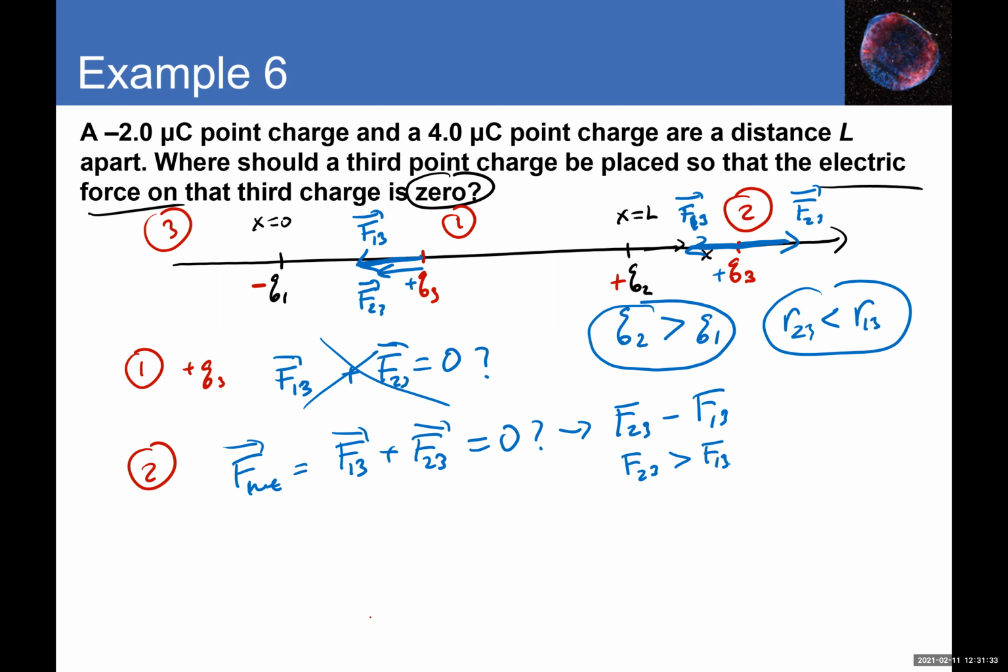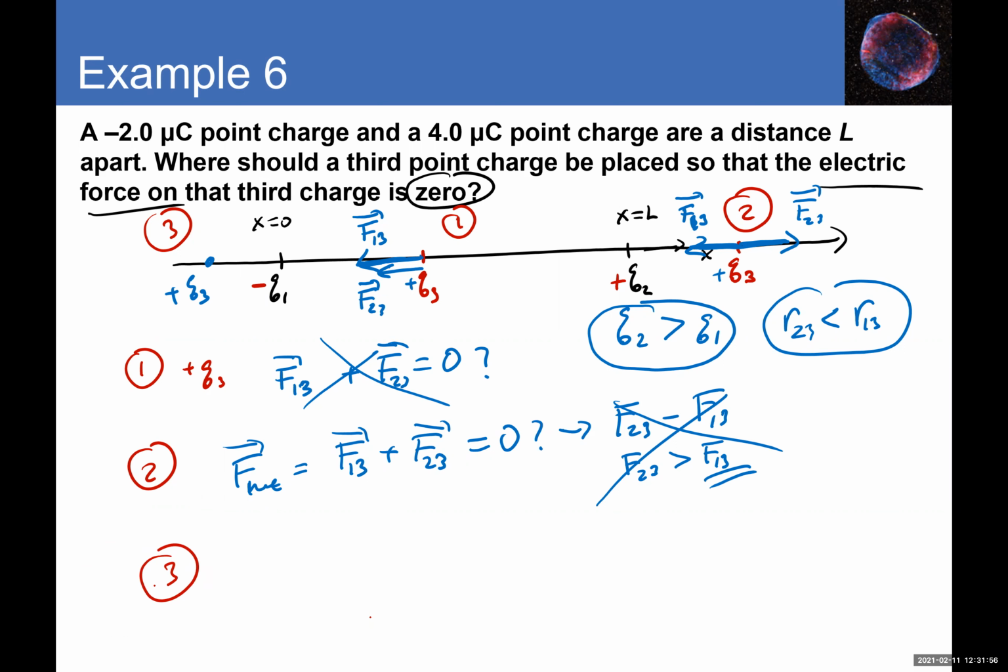Remember, they have to be the same in order for it to cancel, but it's always going to be smaller and never equal. So unfortunately, this also doesn't work. Basically, that leaves us to bring Q3 to region 3, and see then what happens.